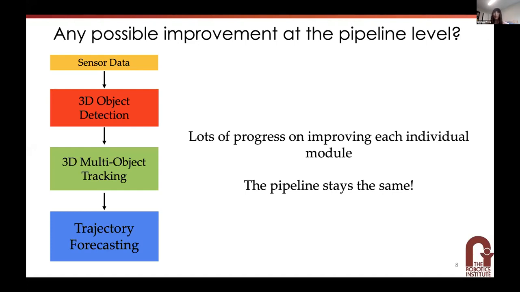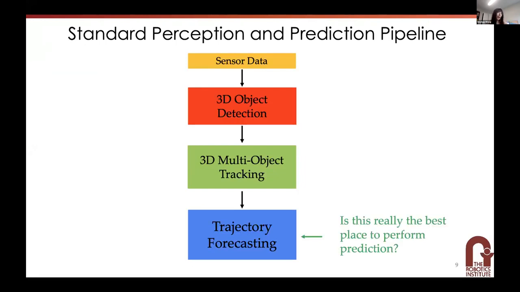There are other pipelines, for example end-to-end from sensor data to planner directly, but the intermediate modules inside the autonomous stack remain the same. You always follow detection, tracking, and forecasting, rather than an inverse order or a different combination of the orders.